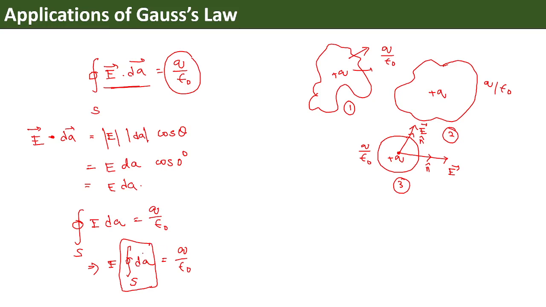If the charge distribution has spherical symmetry, then this integral is going to give you the total area, which is 4 pi r square, where r is the radius of the sphere you have considered. If it is a cylinder, then it is going to give you the area of the cylinder. If you consider something else, say a planar surface, then it is going to give you the area of that.